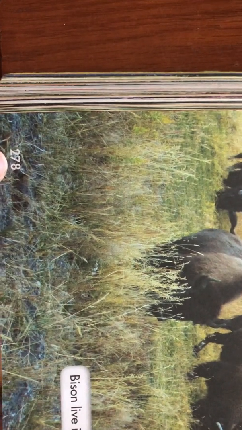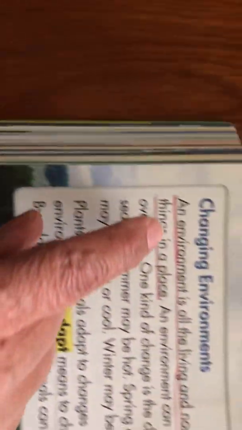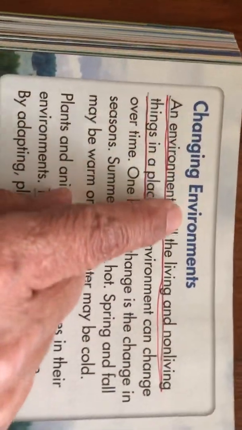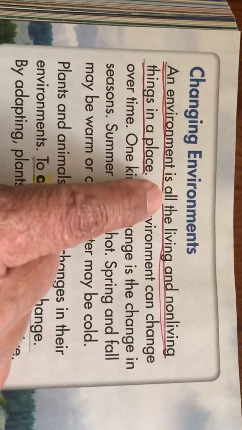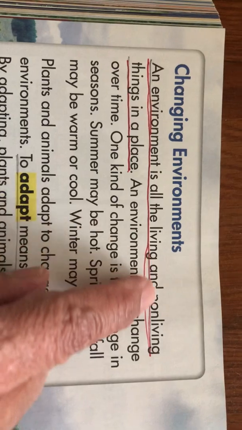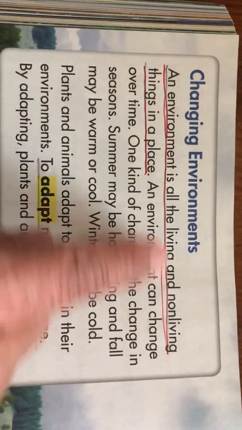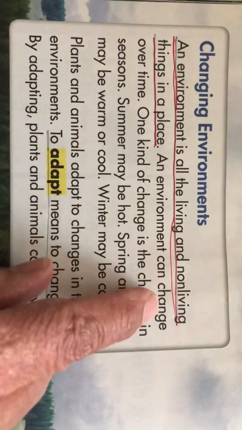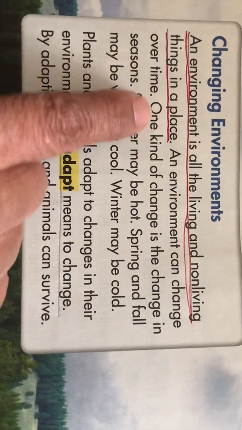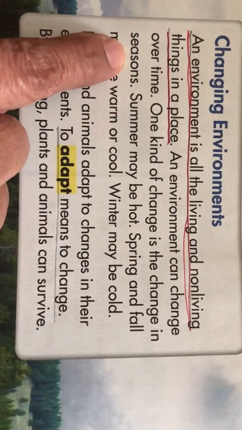Page 278. It says, changing environments. An environment is all the living and non-living things in a place. Please make sure you mark that, underline it. An environment can change over time. One kind of change is the change in seasons.